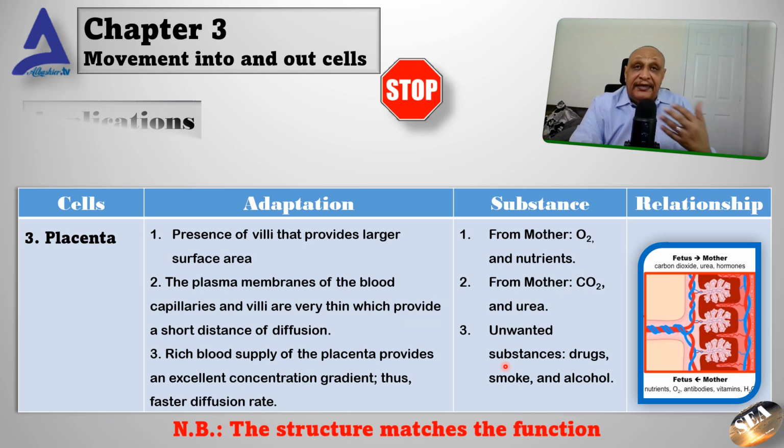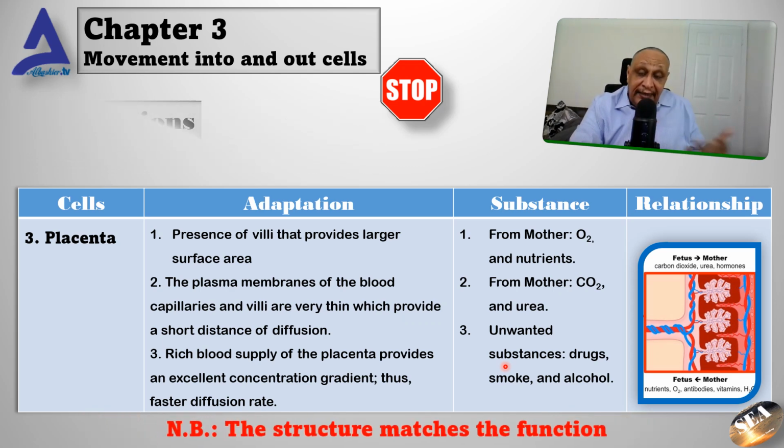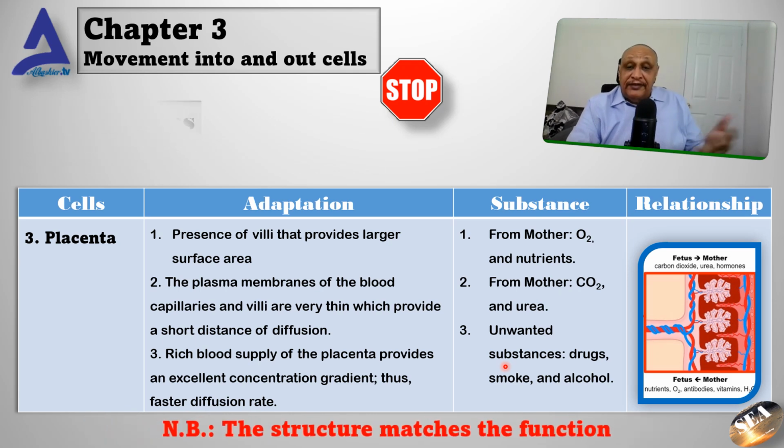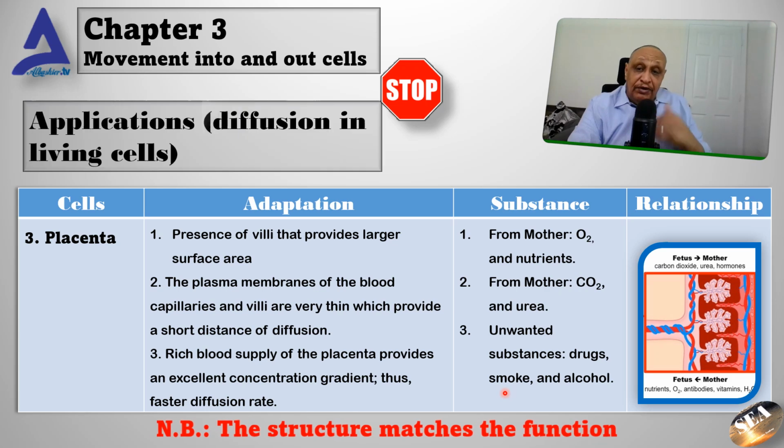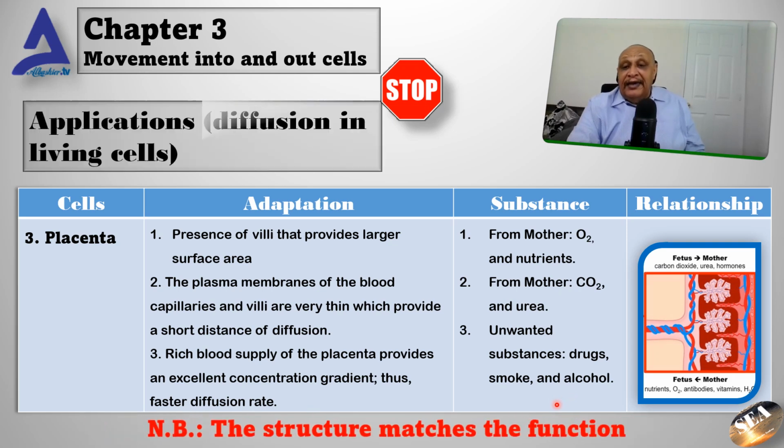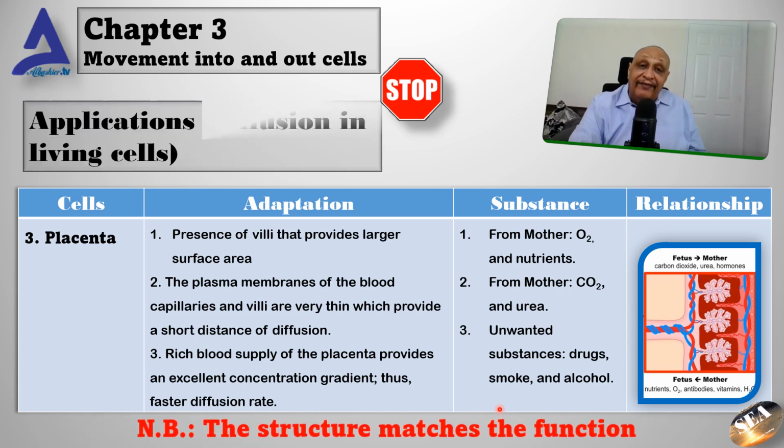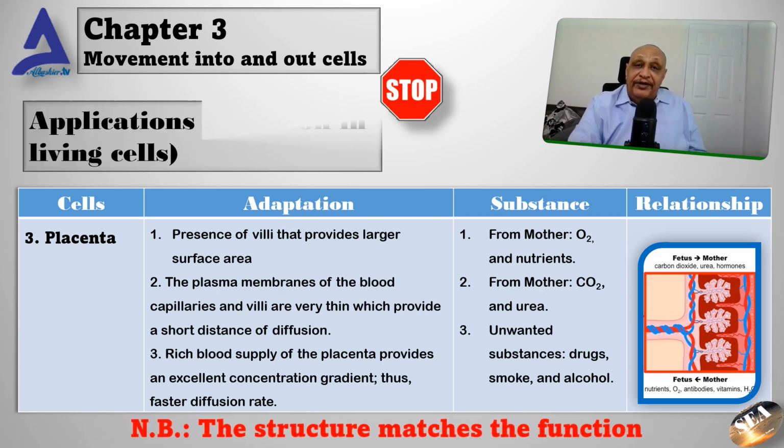If the mother takes any medicines like antibiotics or something like this, it might do the same. It transports it to the fetus. Smoking is also a bad habit, and it's going to affect the fetus. Also alcohol. This is the most important thing that we have to know about this adaptation.